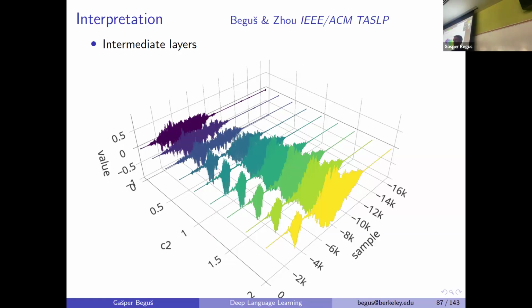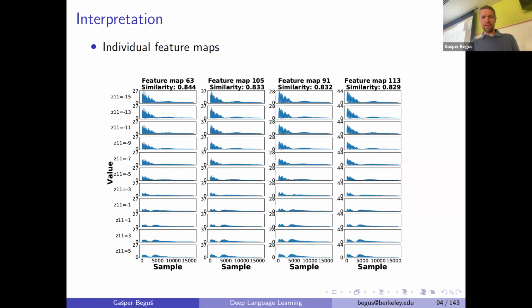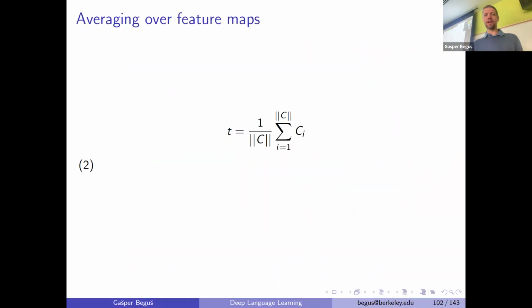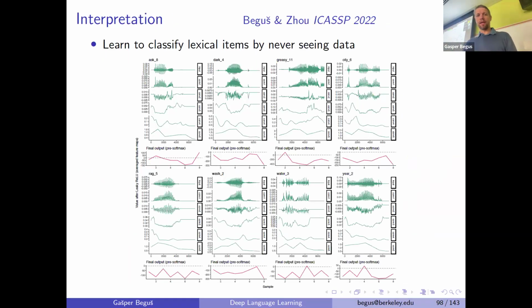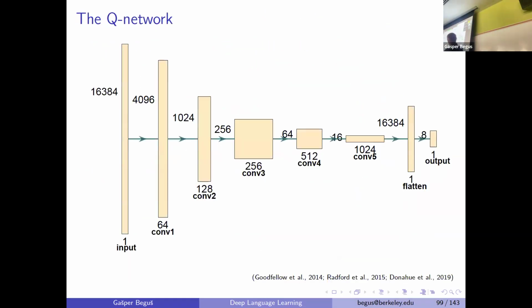How do you get these results from the layer? Yeah, that's a great point. At each layer, I think we have a formula here, you average over all feature maps.